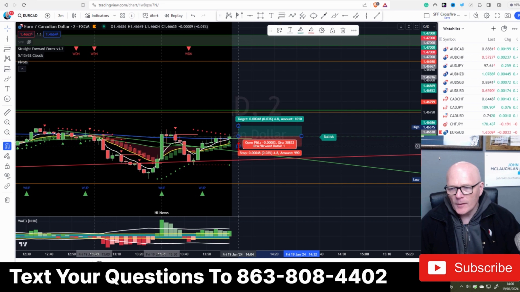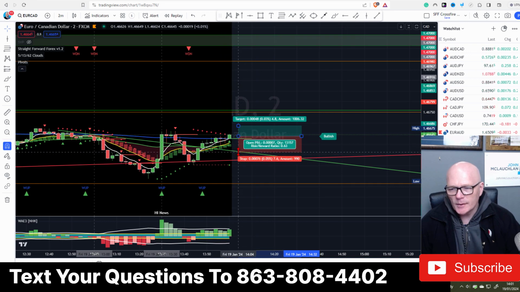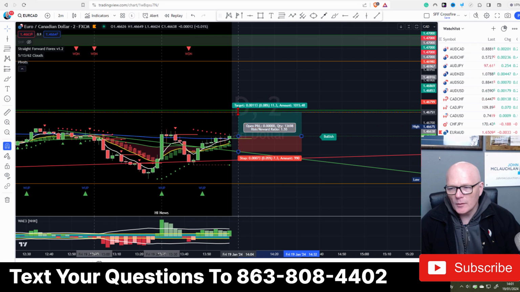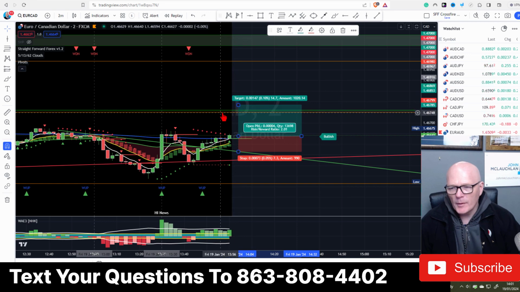Okay, first thing, stop loss below the green trend line. Okay, so I always say around 7 pips is always quite nice. So let's see what we've got. How does that represent? Okay, I'm going to put that below the trend line, but on the top of that wick on this candle here. Okay, then we'll go up to, where's 1 to 2? 1 to 2 takes us here above the pivot.